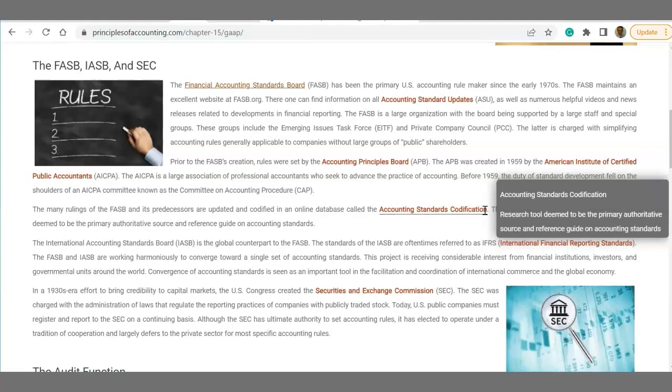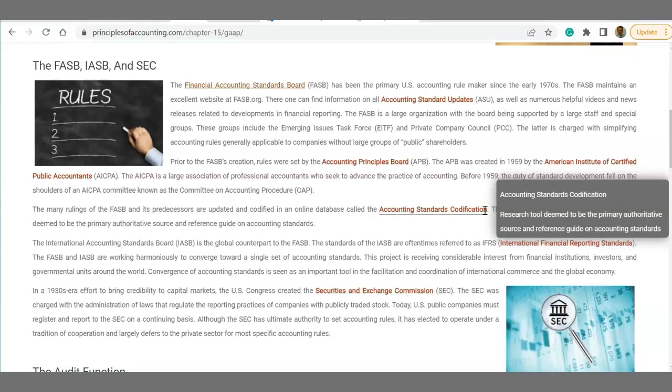Previously, GAAP was all over the place and complicated, and it was harder to find out what is where and how to locate it. But more than 10 years ago, maybe 15 years, they came up with a very good structured GAAP, and they called it accounting standards codification.